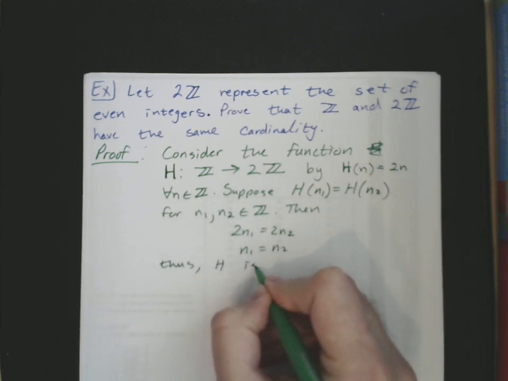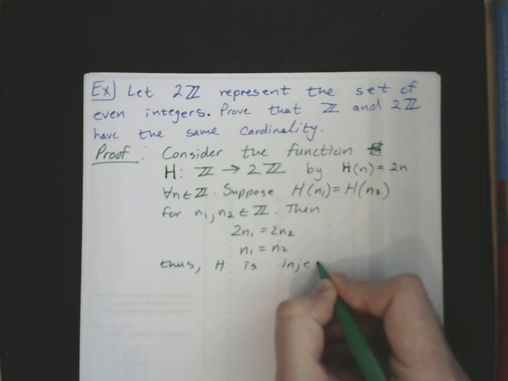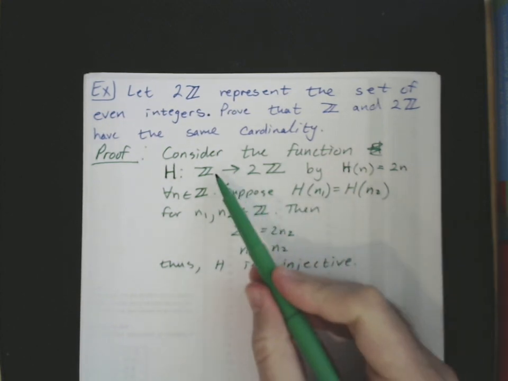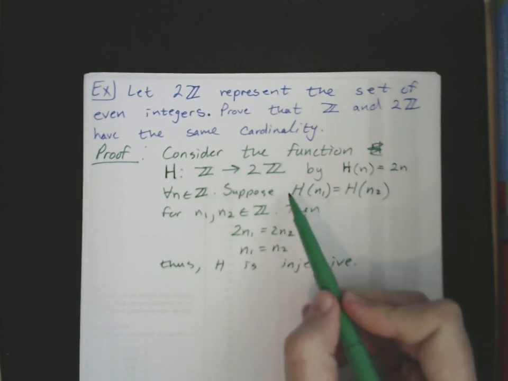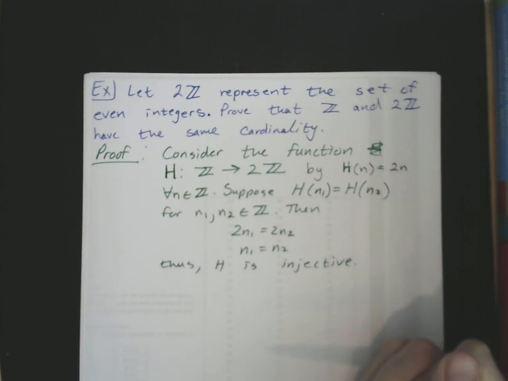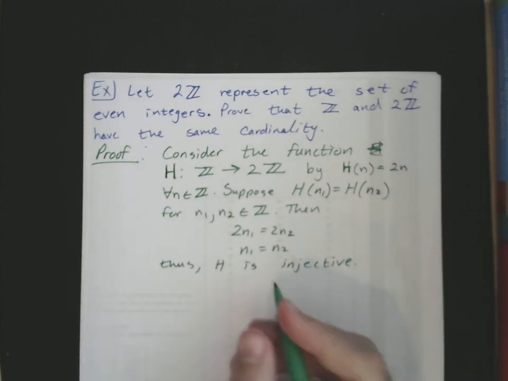Thus, h is injective. We took arbitrary elements in our domain, assumed that h of n1 is h of n2, and showed that the domain elements therefore need to be the same. Definition of injectivity.